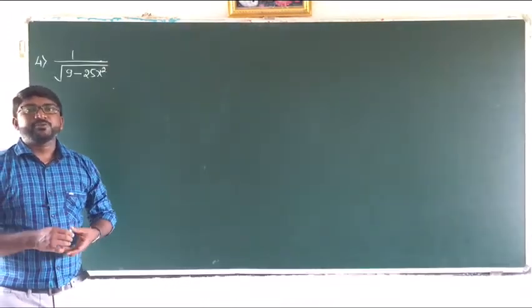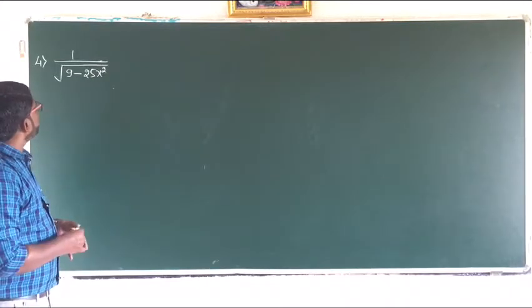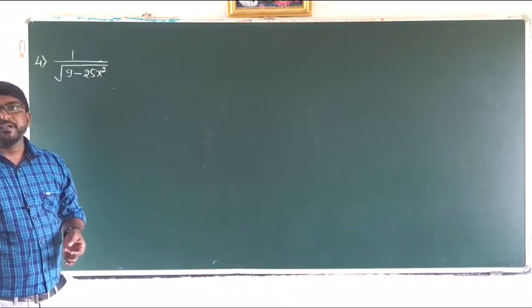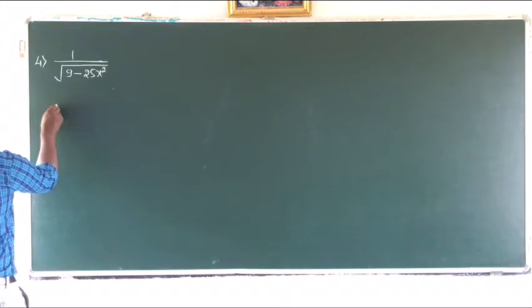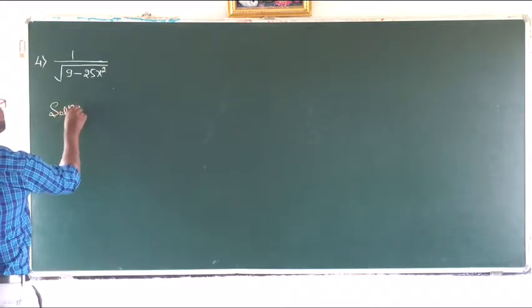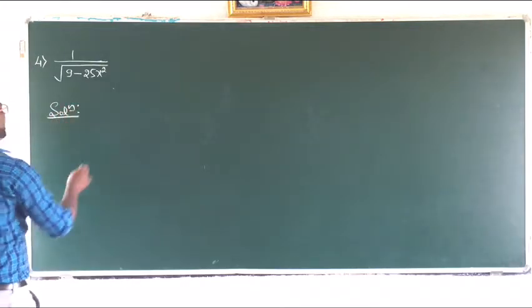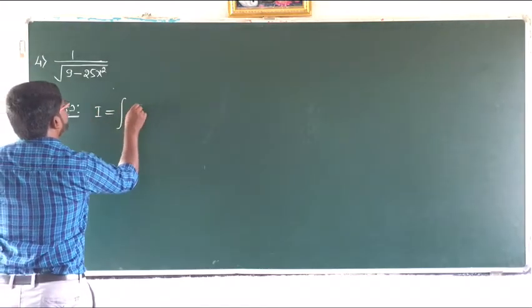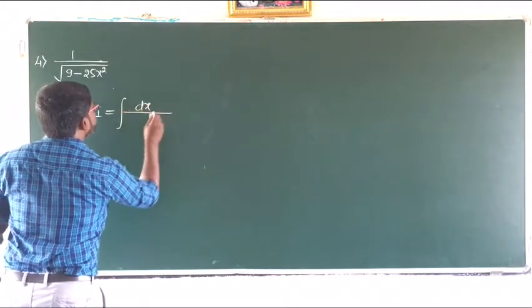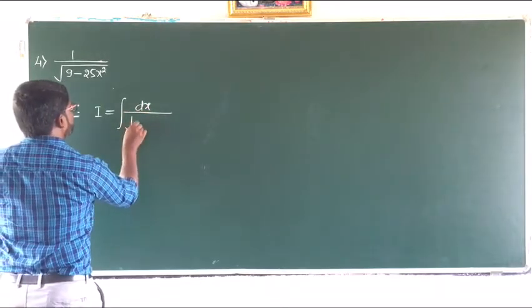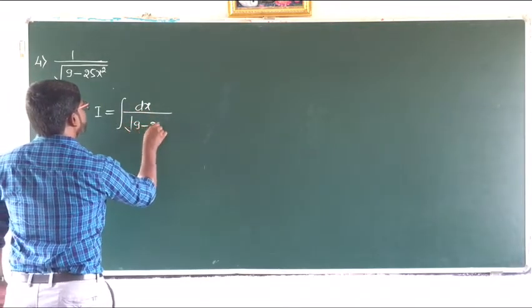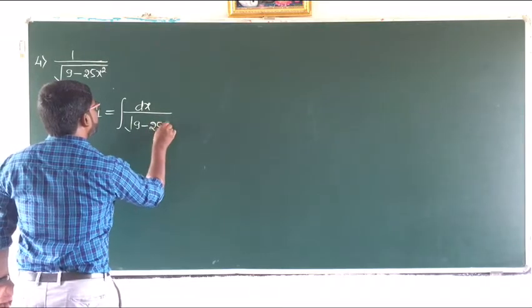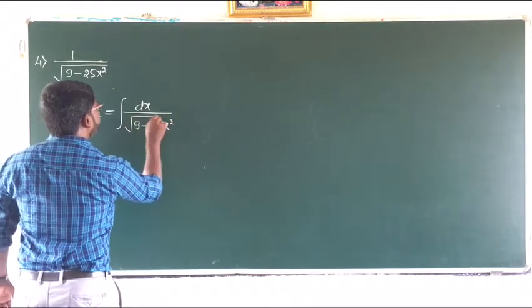Well, the fourth question is 1 divided by under root 9 minus 25 into x square. Take this as I, which is equal to integral dx upon under root 9 minus 25 x square.